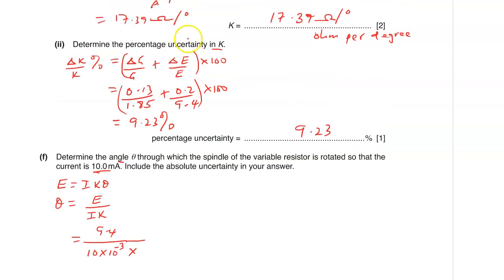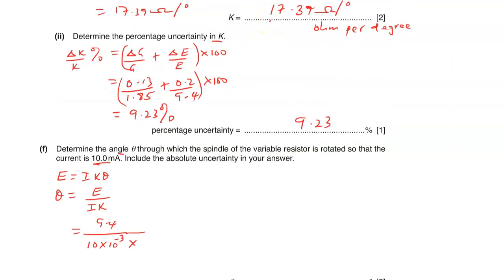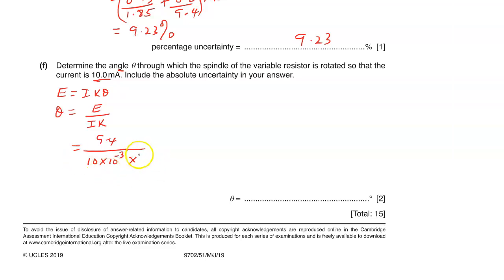The value of K is here, 17.39. When you work this out nicely, you're going to get 54 degrees right there.